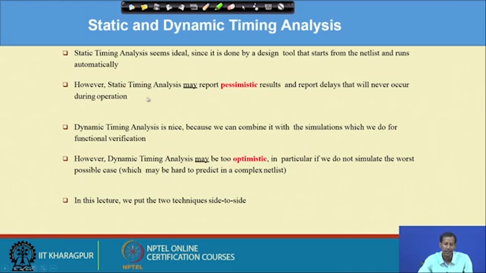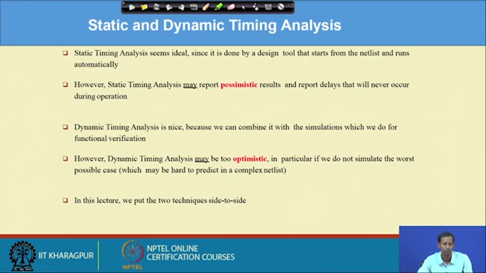However, the static timing analysis may report pessimistic results and report delays that will never occur during operation. Okay. So whatever results we get is one rough estimation of the delay information of this circuit. That is why it says the report may be pessimistic.